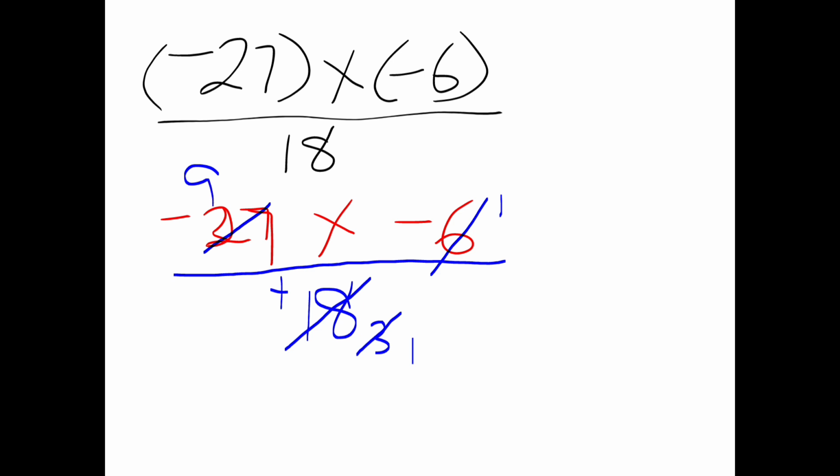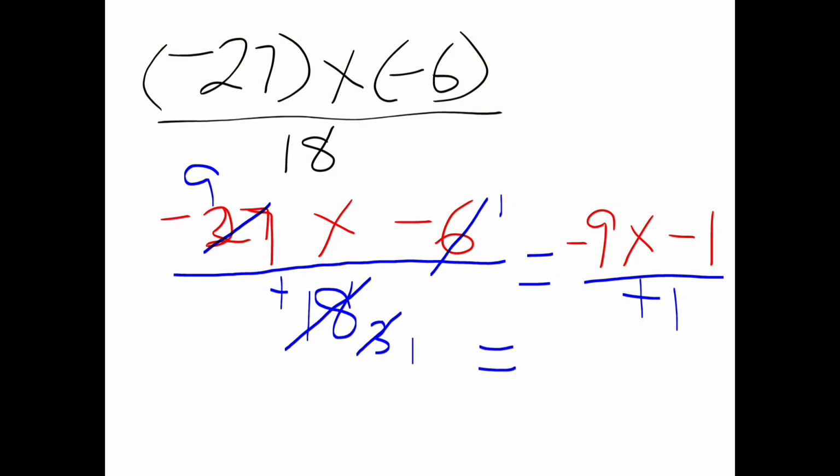So now let's multiply this out. We're having a minus 9, right? Multiplied by what? A minus 1, right? Good. Divided by what? Plus 1, right? Good. So this is saying that minus here multiplied by minus here is what? Is a plus, right?